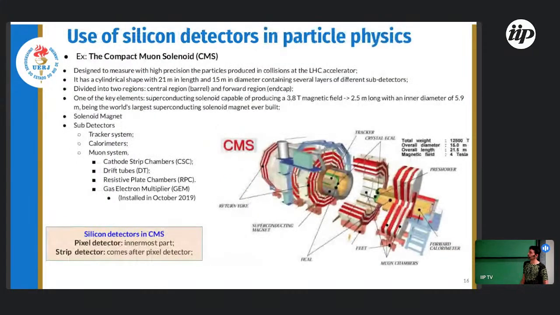So, okay, now let's talk a little bit about CMS, and then the applications of the silicon strips and silicon pixels detectors. I don't know if you are familiar with the CMS, but this is the experiment here, where I always like to show this person here to compare with the size of the detector. And the CMS is a general purpose experiment.